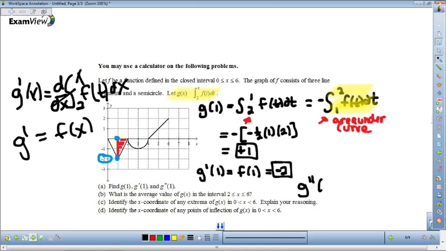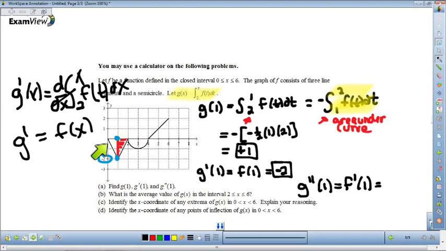So now we're going to find g double prime. So g double prime would be the derivative of f. Since we're looking at the derivative of f, the derivative means the slopes of the curve, or slopes of the tangent line. So we're looking at x equals 1, we're looking at the curve.